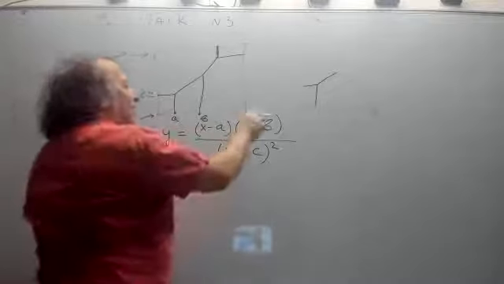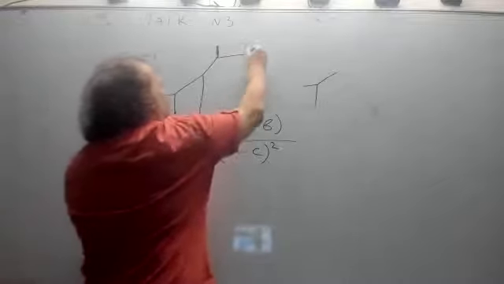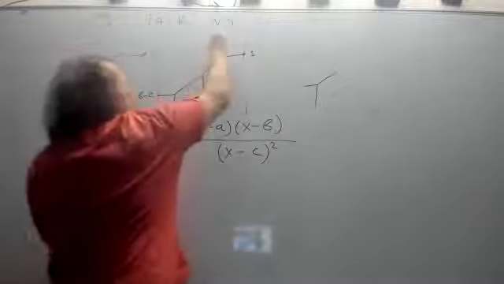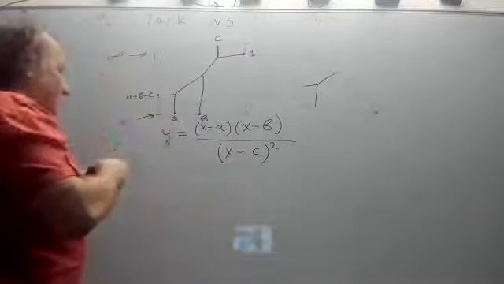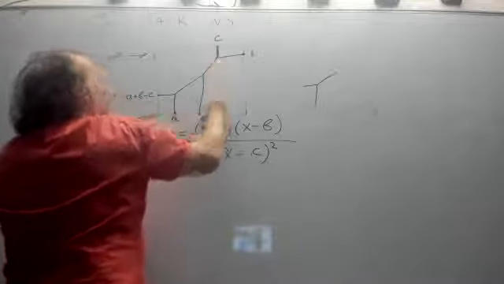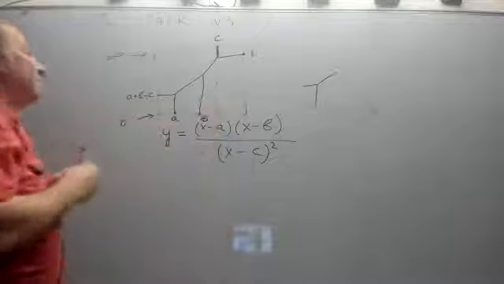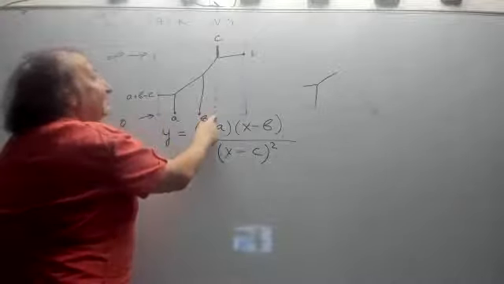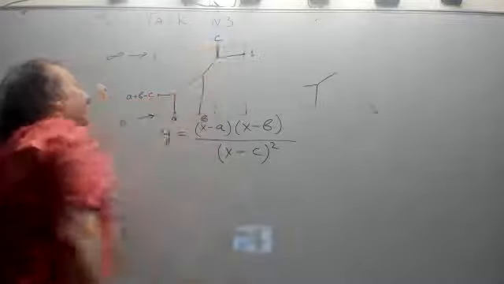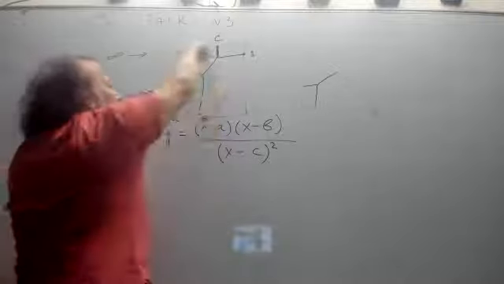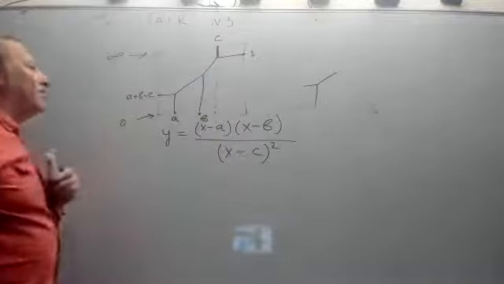For big x, we are here, it's like 1. And here is c. This is c. So when x hits c, we go to infinity. And then we constantly go to 1.